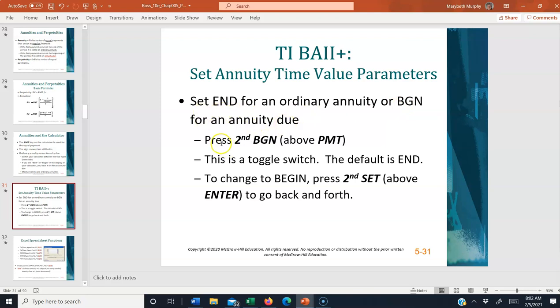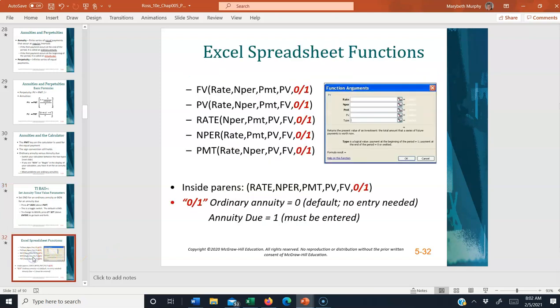How do you do that? You press second, and you're going to press BGN above the payment key. And it's a toggle switch. So if you press it once, it'll give you BGN. If you press it the second time, it'll disappear. And then it's an ordinary annuity. You can just go back and forth between the two.